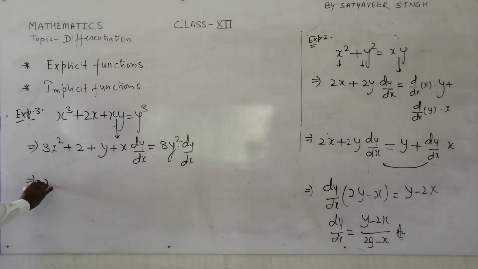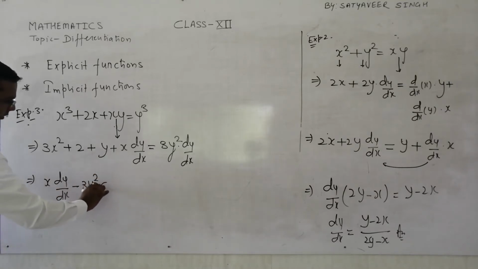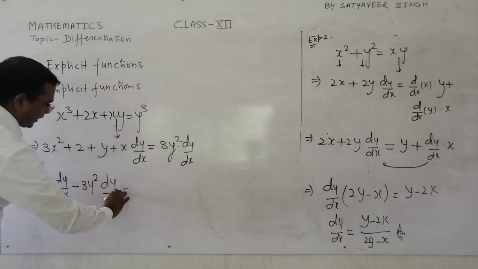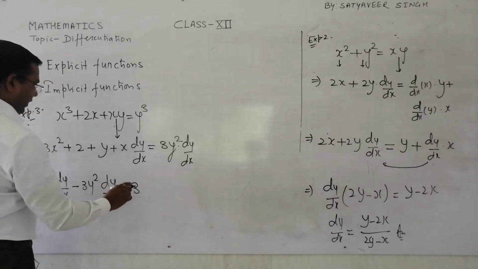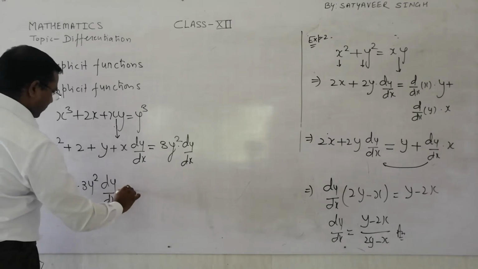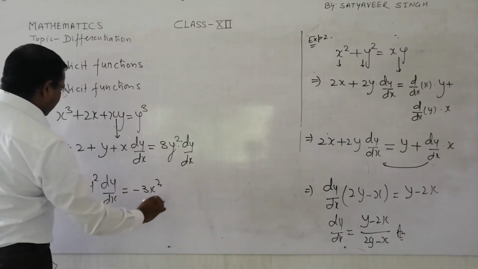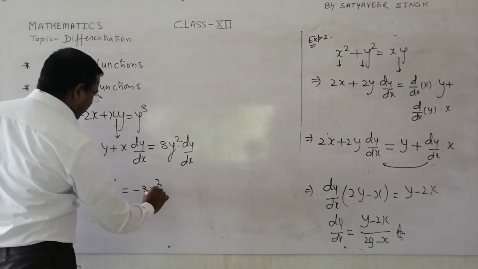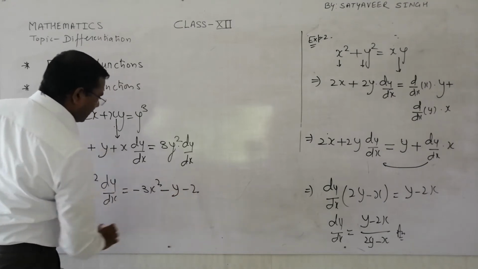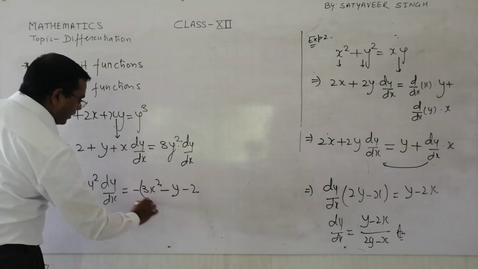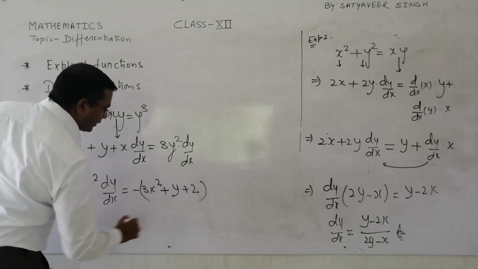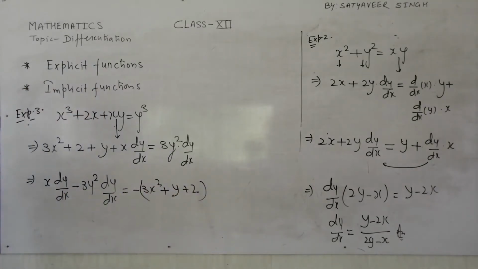So I am writing this here now, x dy by dx minus 3y square dy by dx is equal to, by transposition, minus 3x square and minus y minus 2, which you can also write like this, and from here I will take dy by dx common.